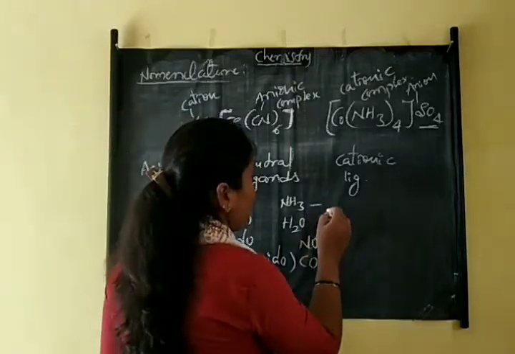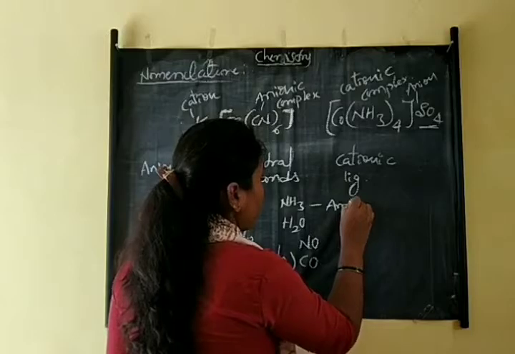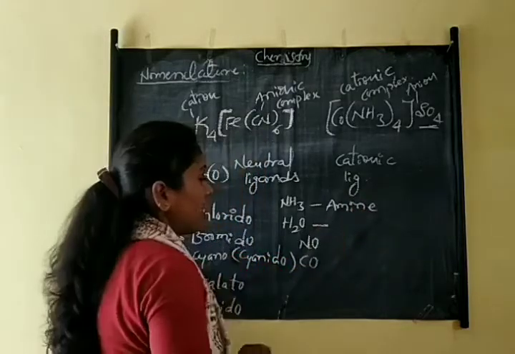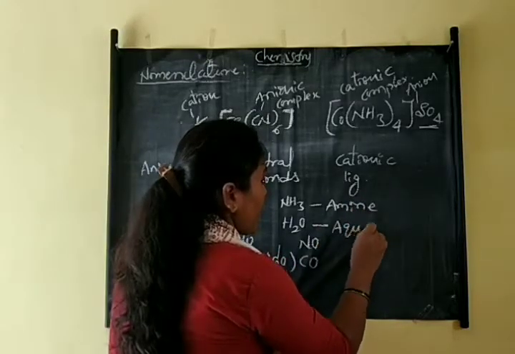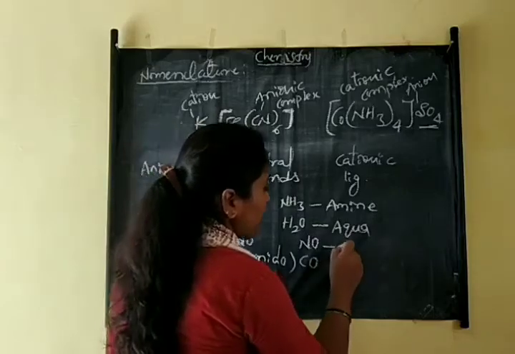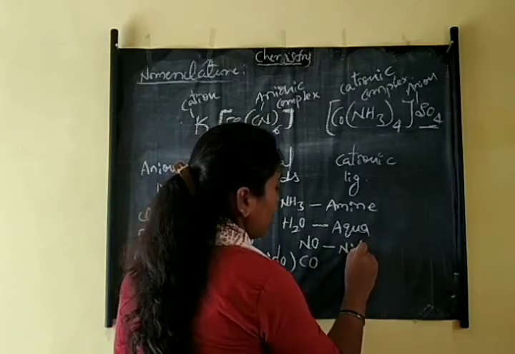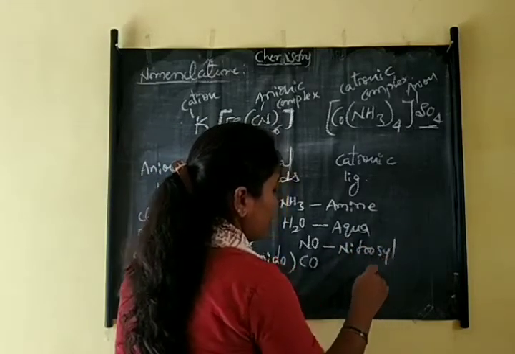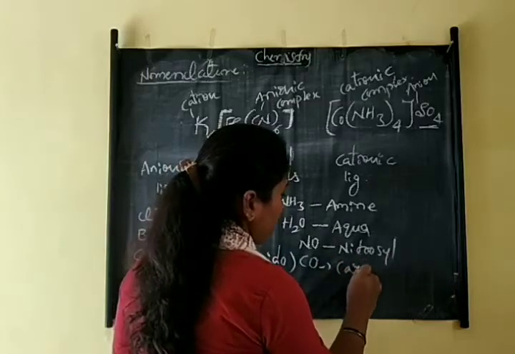For ammonia it is ammine, here it is aqua, this is nitrosyl, and this is carbonyl.